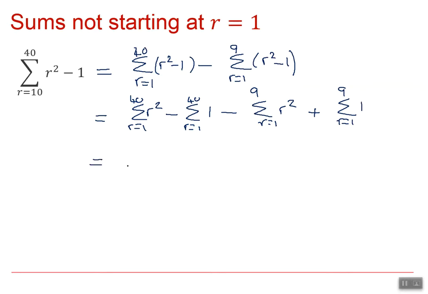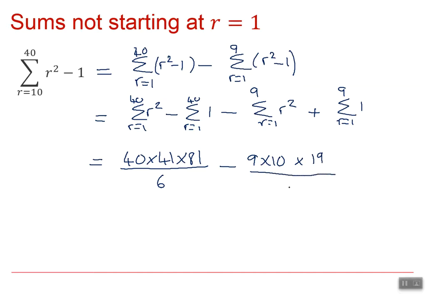So we're going to end up with 40 times 41 times 81 all over 6. I'm going to subtract this part here now, 9 times 10 times 19 over 6. And then we're going to subtract 40 and add 9. So that is 21,824.